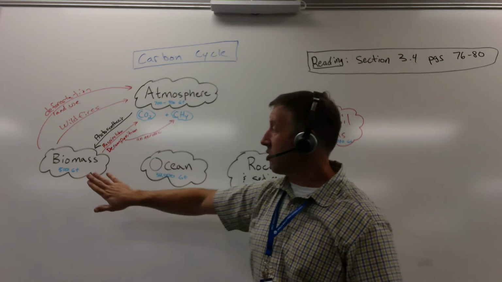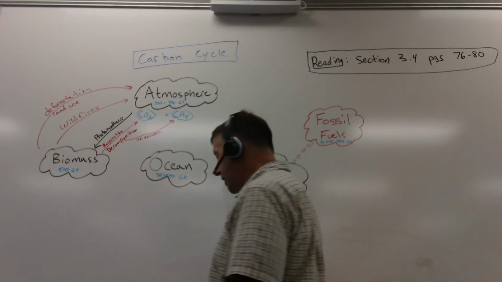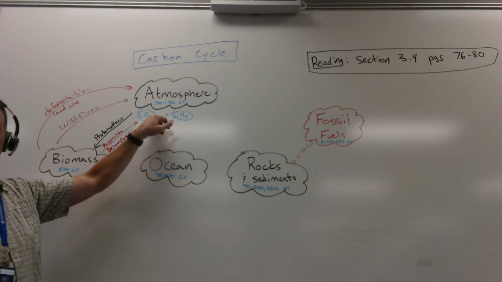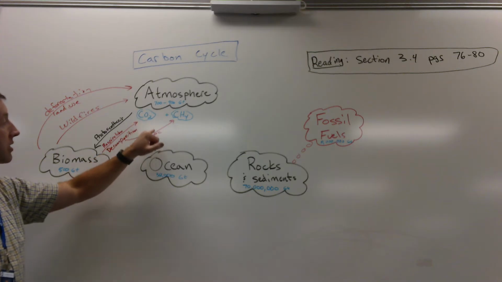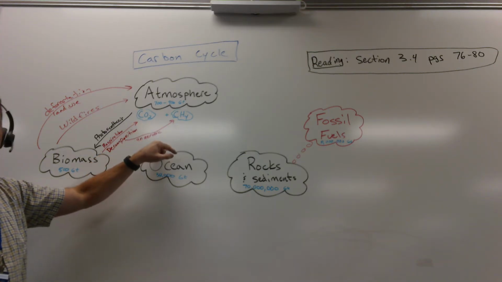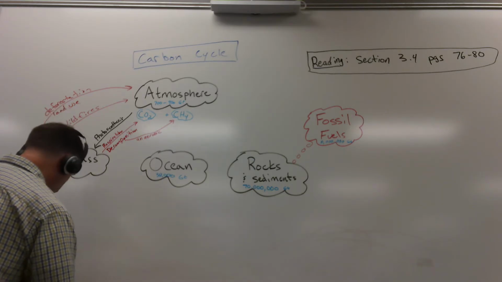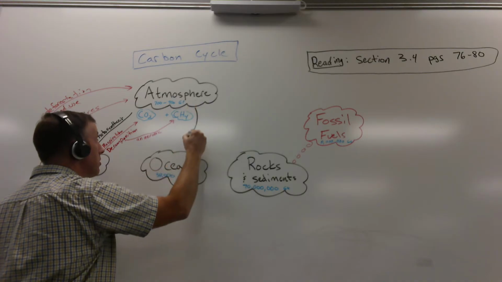All right, so we're going to move on to the ocean. Again, we're going to start with our atmosphere. We're going to talk about the exchange of carbon dioxide and methane, but mostly carbon dioxide, in the ocean. So I'm going to go back to my black arrow here, from the atmosphere to the ocean.